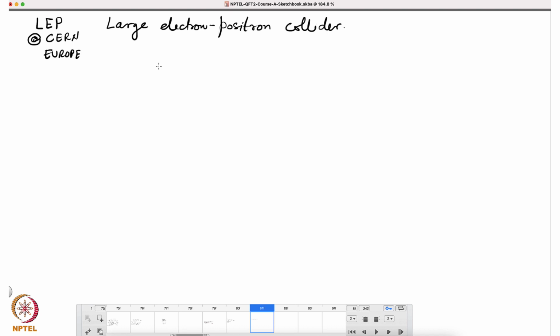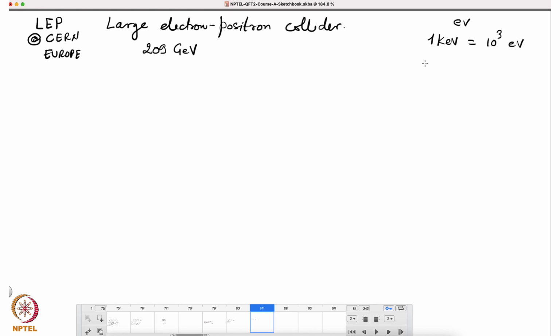and the maximum energy that was reached in these collisions was 209 GeV. Okay, let me also tell you what this unit is. So, you know electron volt already, that is the unit of energy. Then you have 1 kilo electron volt, which is 1000 electron volts.